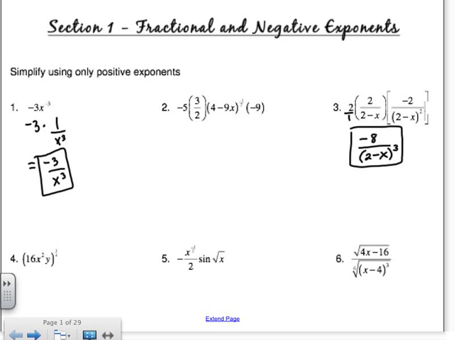All right, let's see. This one looks a little weird, number 5. So I have negative x to the negative 1/2, so that's a negative power. A negative power means 1 over. If I had x to the negative 1/2, I could write that as 1 over x to the positive 1/2. So basically this whole term is going to go to the bottom and become positive.